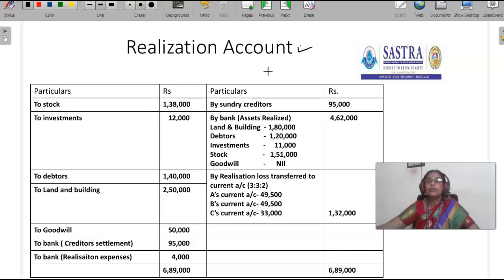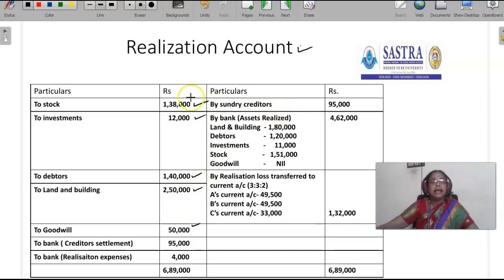The book value should be transferred to the realization account. So realization account debit to stock, then realization account debit to investment, then to debtors 1 lakh, all should come under the debit side. Land and building, goodwill, all the assets of the firm are transferred to the realization account.